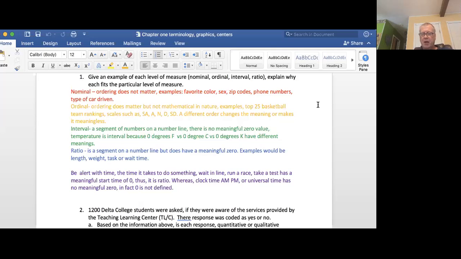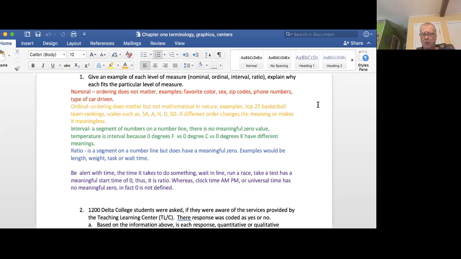And 0 degrees Kelvin means that all molecular motion in the universe stops. So there are different measures that have different meanings for zero, so that means it has to be interval. Temperature is the classic example of an interval value.